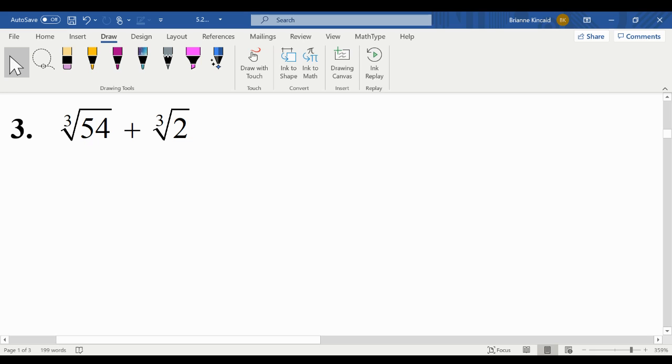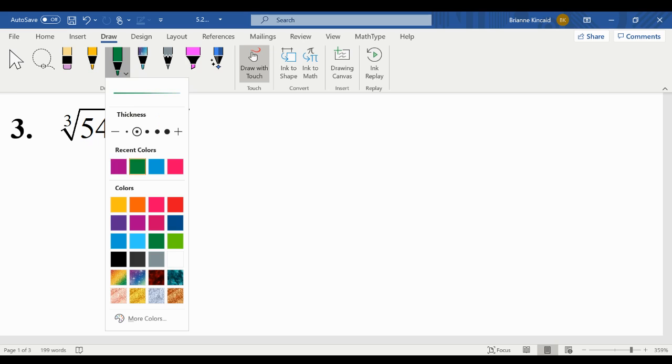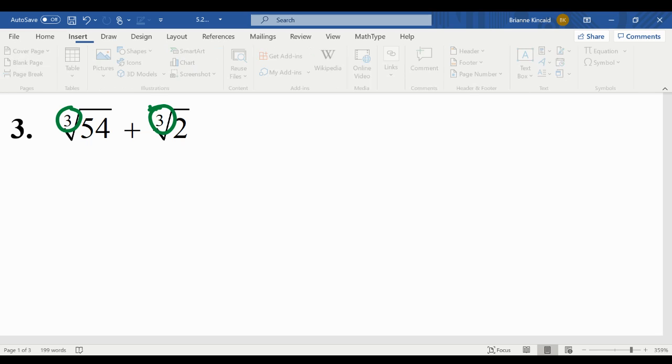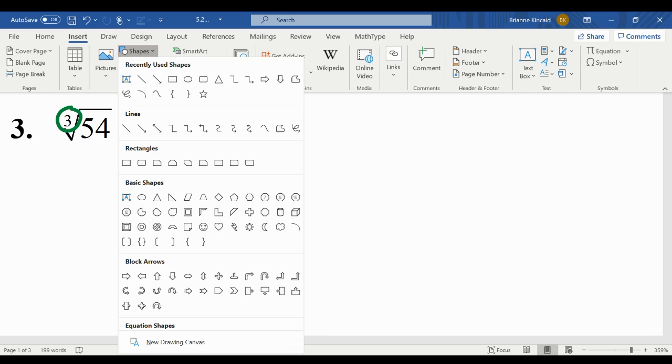Now, the problem with something like number 3 is you don't have the same number that's underneath the radical. You do have the same root, which is good, but we have a 54 and we have a 2. So what we're going to do instead is we're going to almost treat this like it's 2 separate problems.